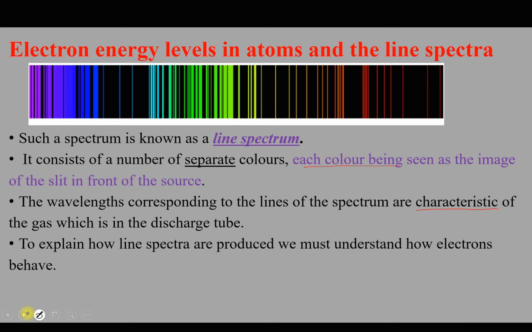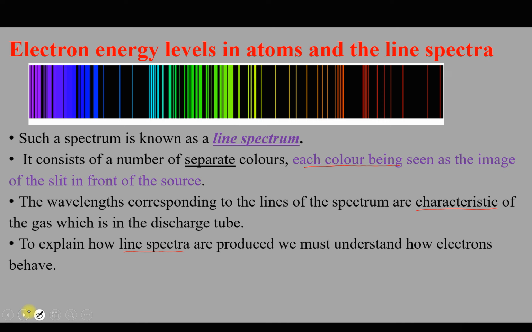To explain how the line spectra are produced, we need to understand how electrons behave. Remember, we have earlier said electrons only orbit around the nucleus in certain allowed orbits. This prompted scientists to calculate what these certain allowed orbits are.